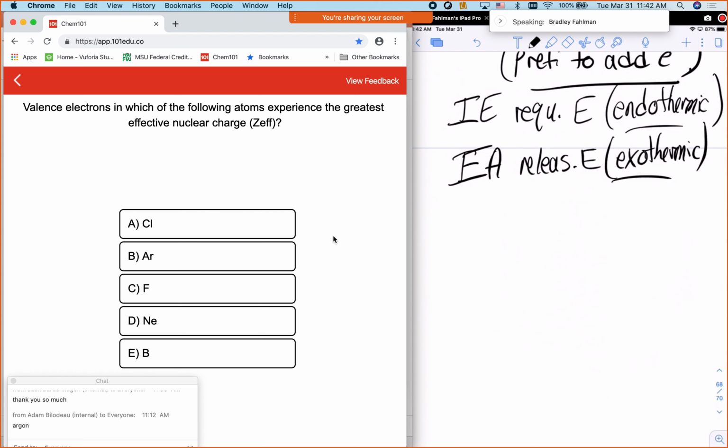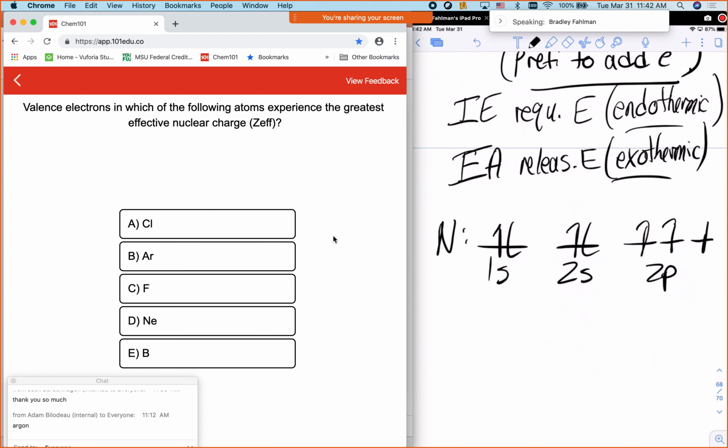For instance, if we have nitrogen, we have this, then that, and then this, 1, 2, 5.